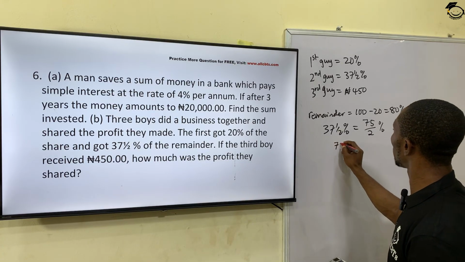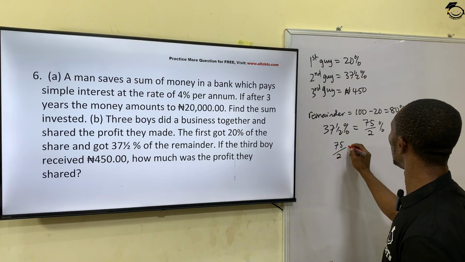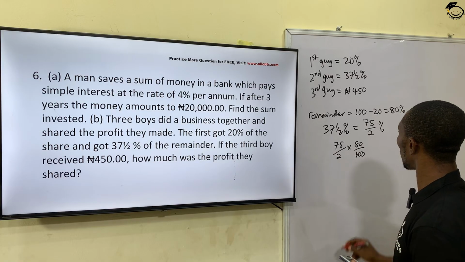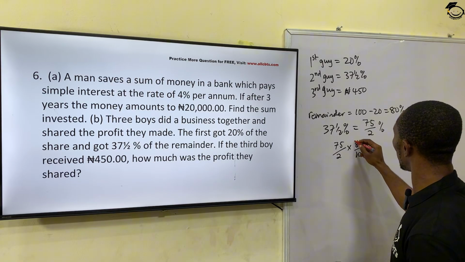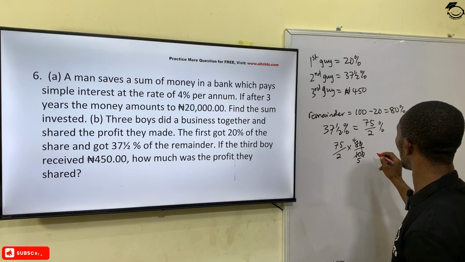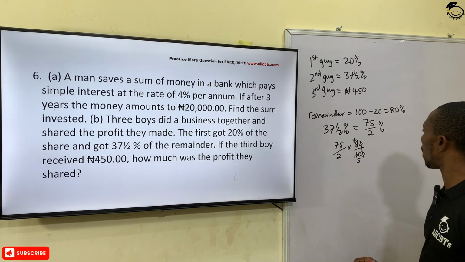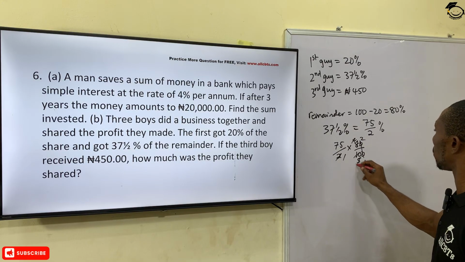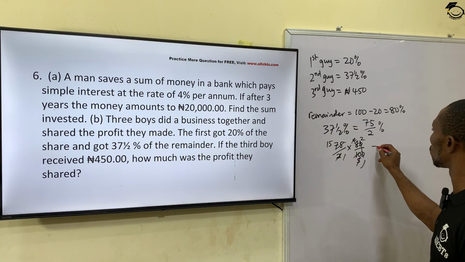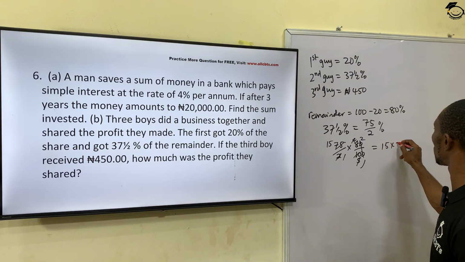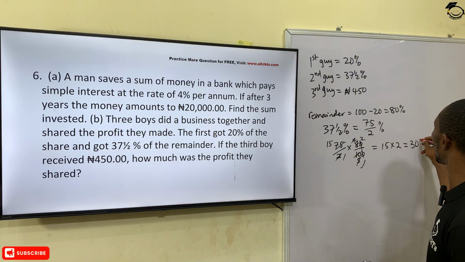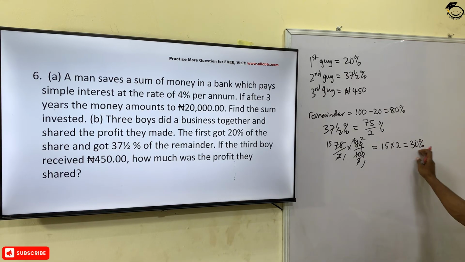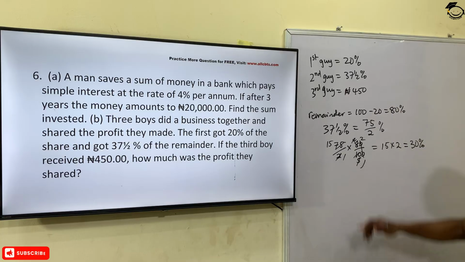So this becomes 75 over 2 times 80 over 100. We can break this down: 4 over 5, and 2 here 1, 2 here 2, 5 here 1, 5 here 15. So this will give us 15 times 2, which is 30%. So the second guy went home with 30%.